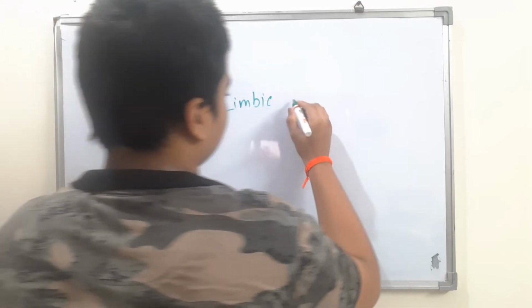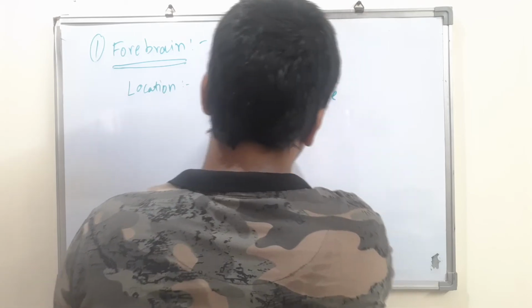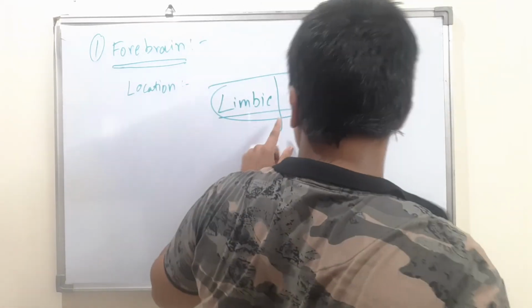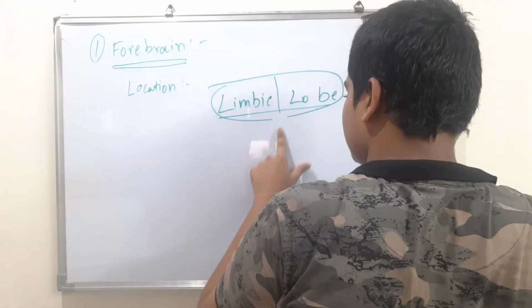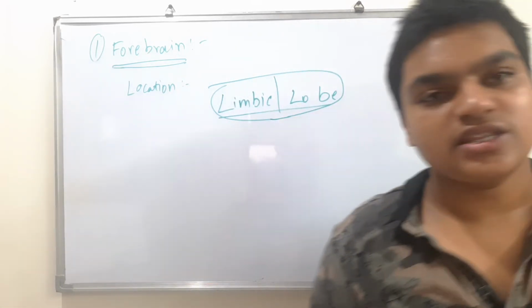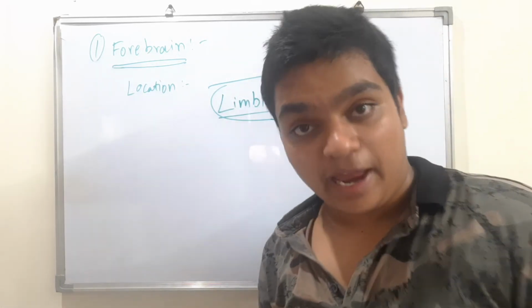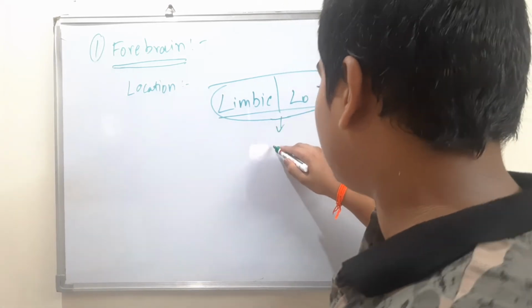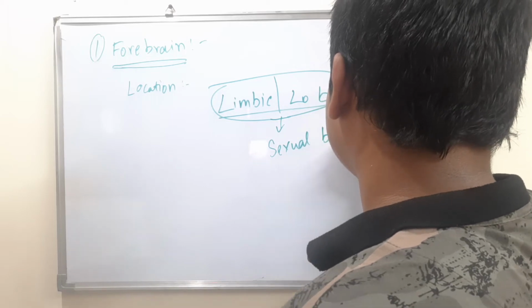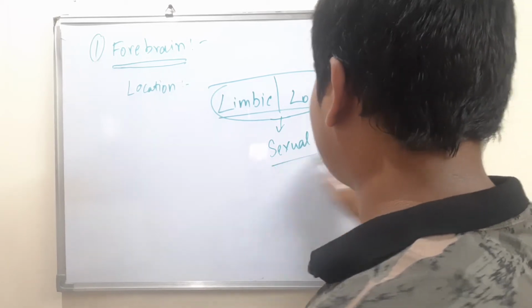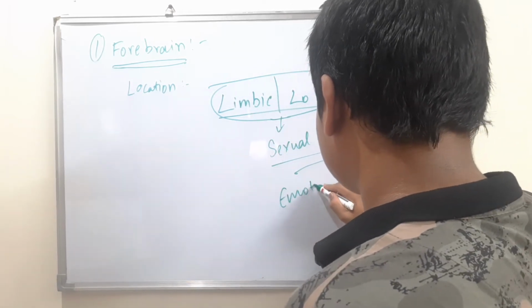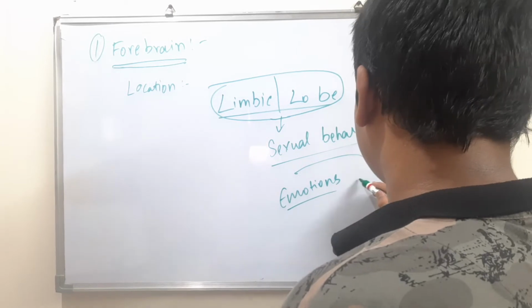This limbic lobe helps in behavior, and in regulating sexual behavior, and also emotions and motivation.